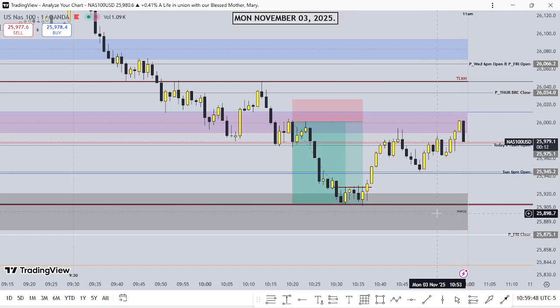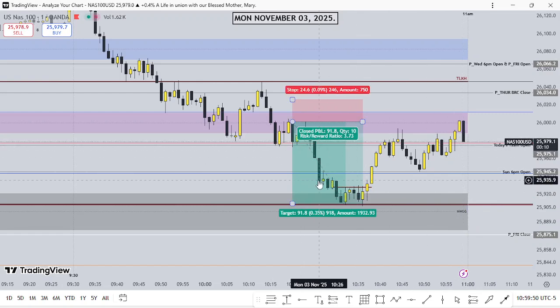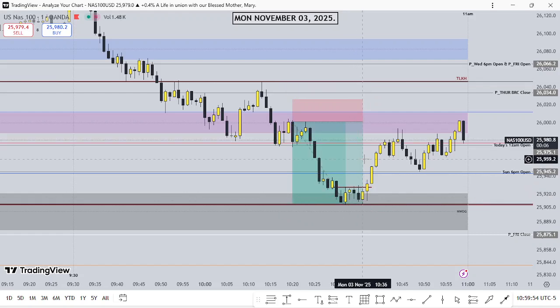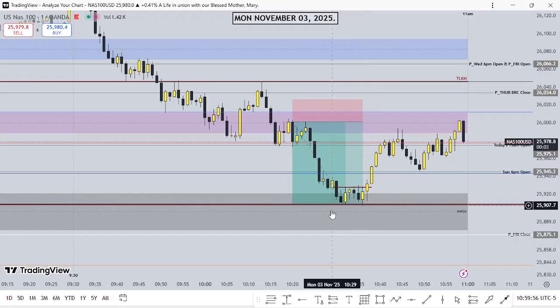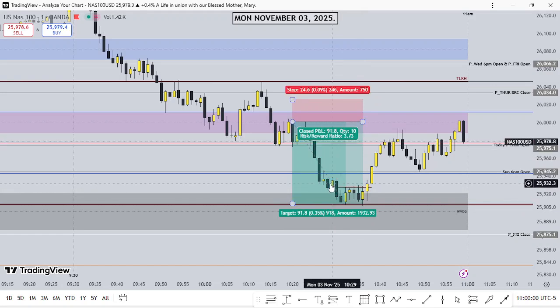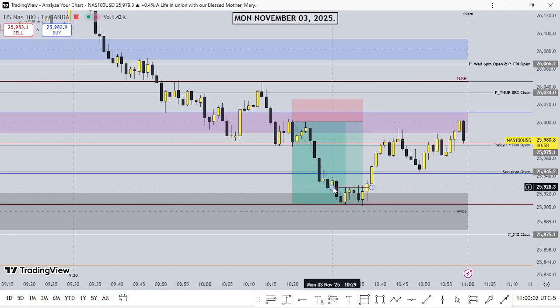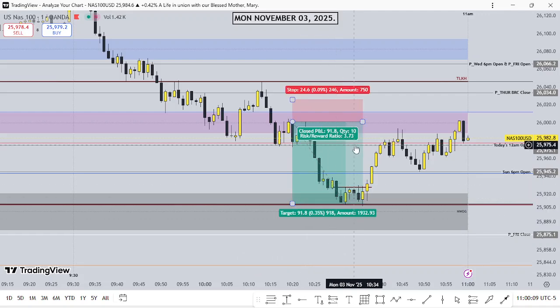And then price started retracing back higher while you're still on the trade. You can just move your stop loss to this area here, or to somewhere around the body of the candle, or just to this particular candle's open, so you can still take profit, so the market doesn't retrace almost back to your entrance.